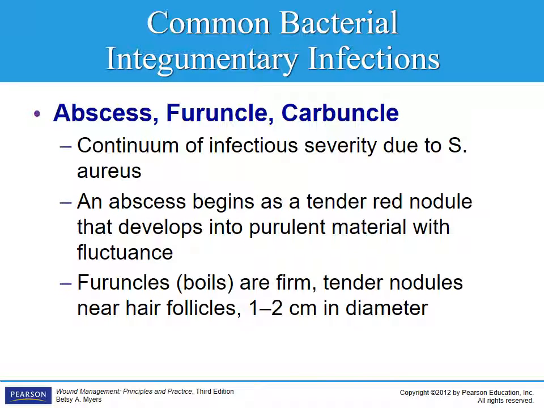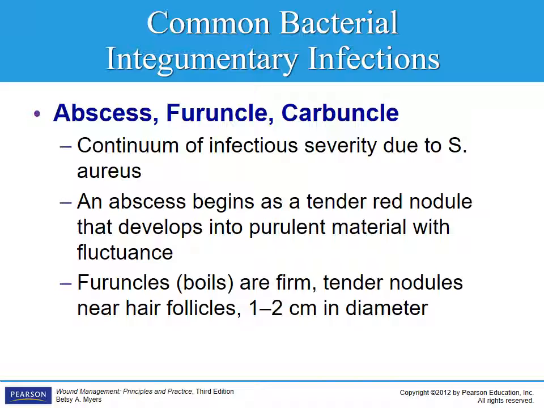Other bacterial integumentary infections or skin infections that you may see are abscesses, furuncles, and carbuncles. It's an infection of Staph aureus. So it begins as a red nodule, and then you see it developing into purulent material.